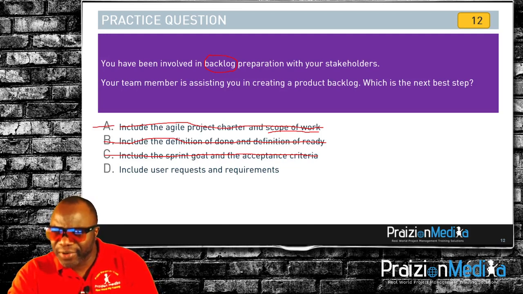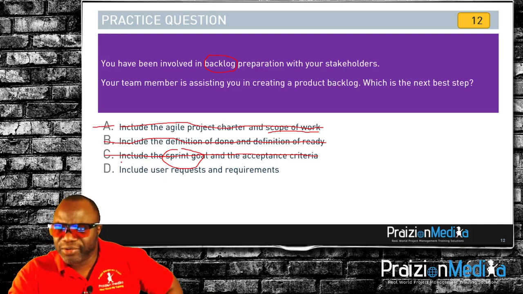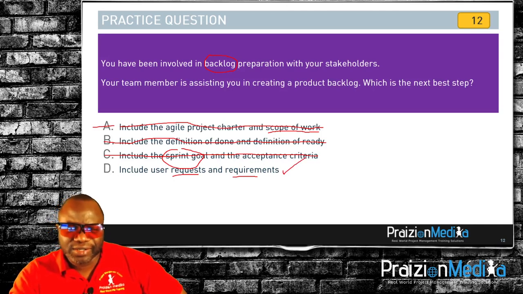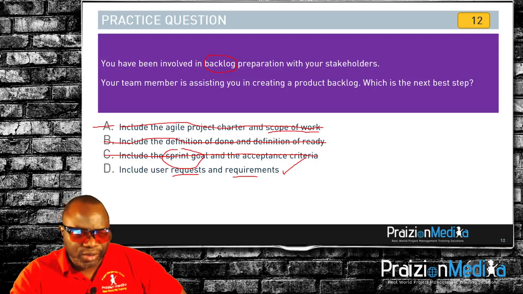But at this point, we don't have this. That's sprint goal, so that wouldn't be correct. D says, include user requests, in other words, user stories, and requirements. Requirements that have been written in that format. So the best answer to this is D. All right, I hope that demystifies those for you.